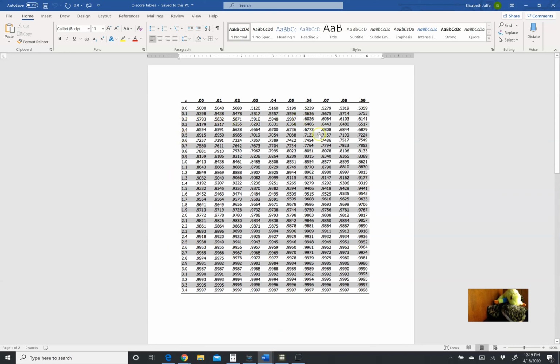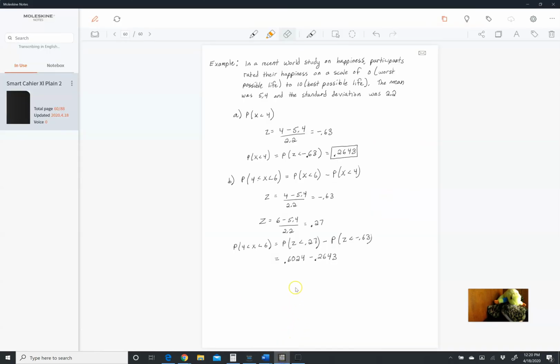We're going to go all the way over to 0.27. And we see that that's 0.6024. So it's 0.6024, and then the 0.2643 comes from up here.